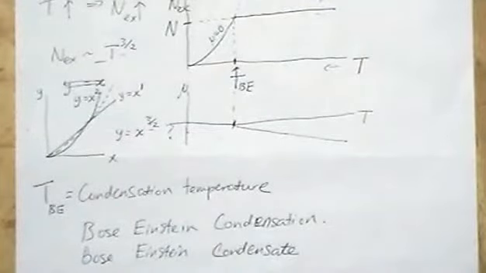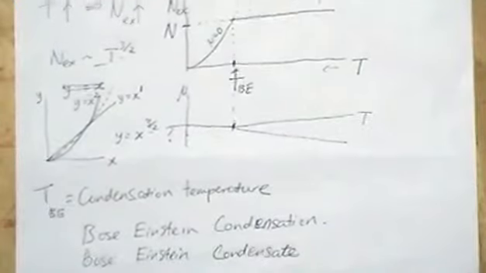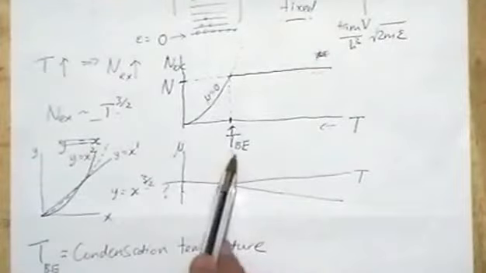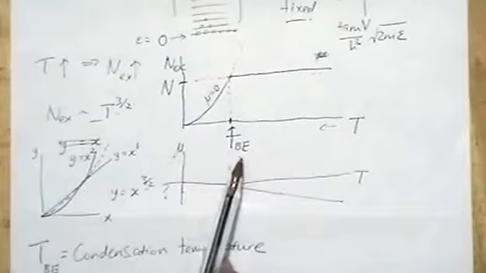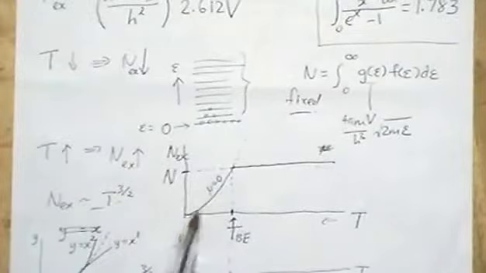Now, the next point I want to do is to see how we might find a formula for this condensation temperature. Remember that we already have a formula for NEX, the number of excited particles.